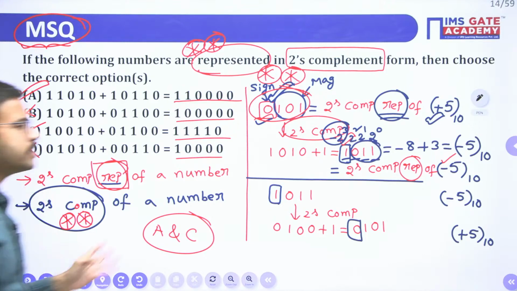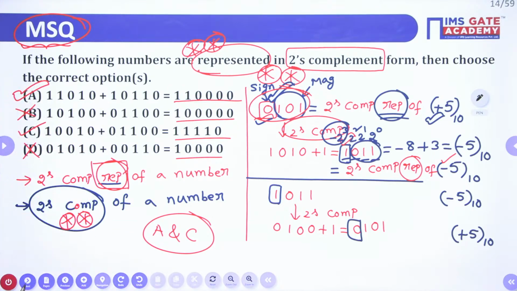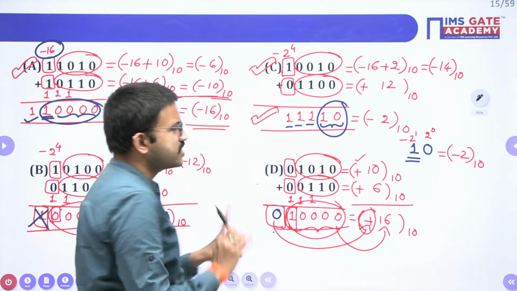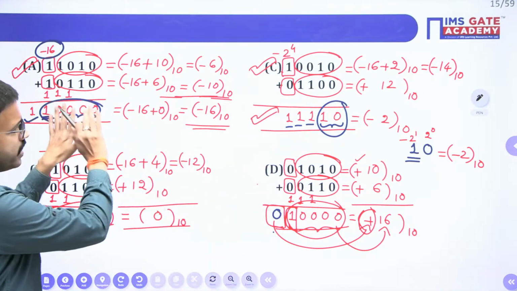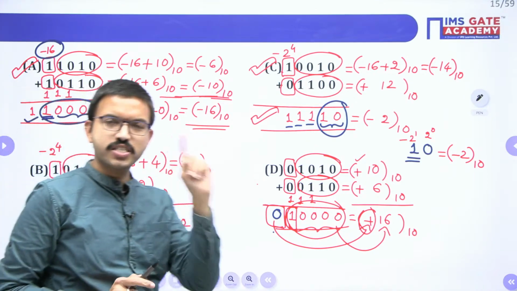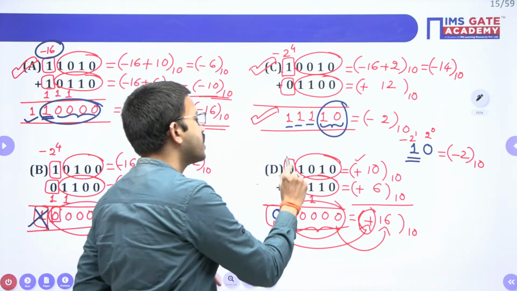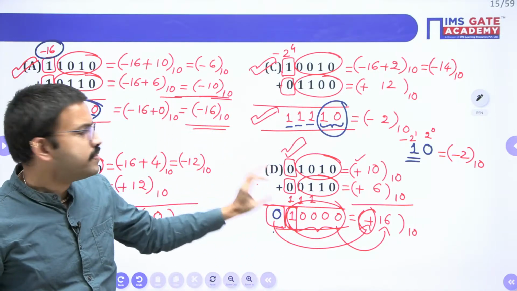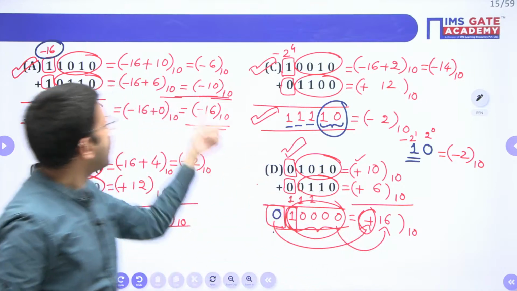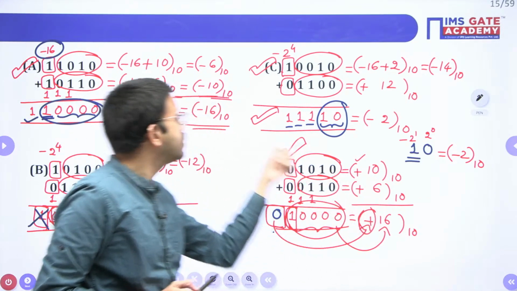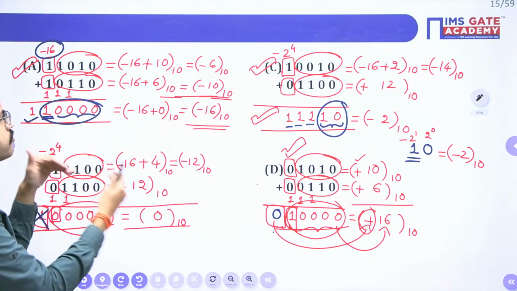So the final conclusion from this question is very simple. Whenever you are adding two numbers represented in 2's complement form, the first and foremost important thing is to observe the sign bit. If both the sign bits are the same, like in this case or this case, that means you are adding two positive numbers or two negative numbers, and overflow occurs.